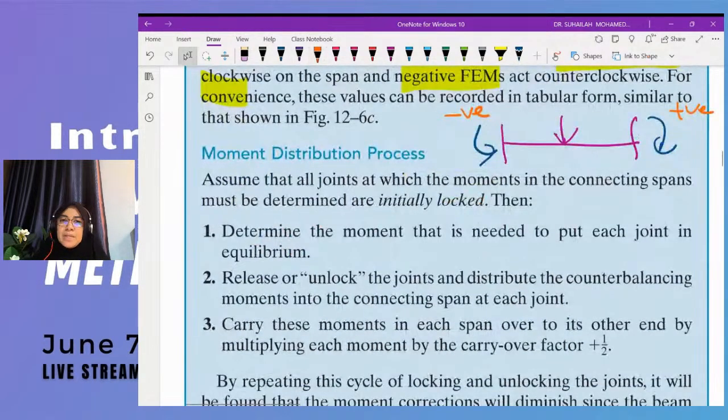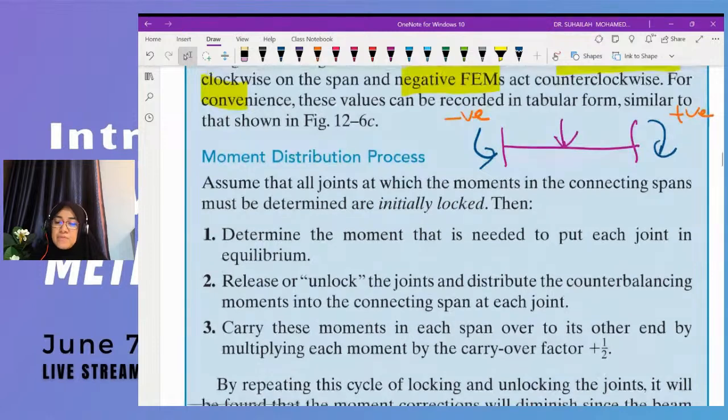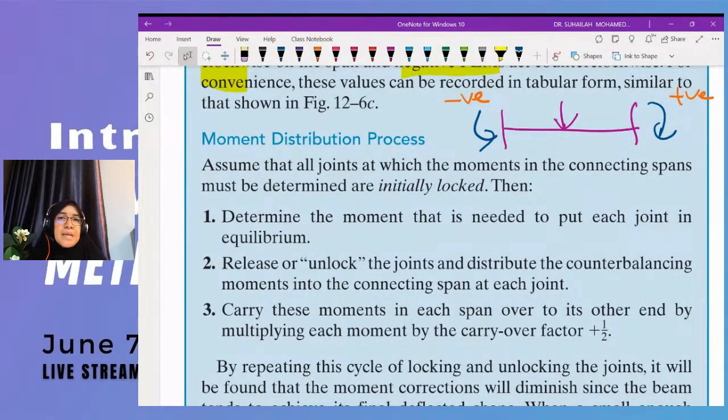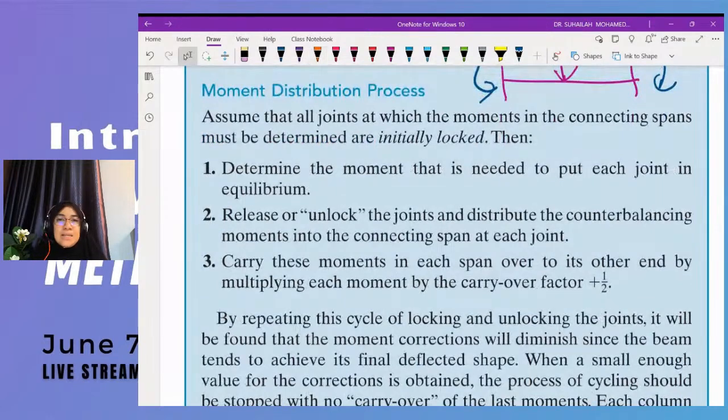For the moment distribution process, assume that all joints at which the moment in the connecting span must be determined are initially locked. Then determine the moment that is needed to put each joint in equilibrium. In the distribution process, we distribute moment by finding the joint moment from the member end moments.